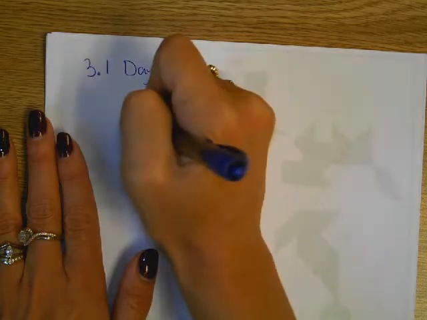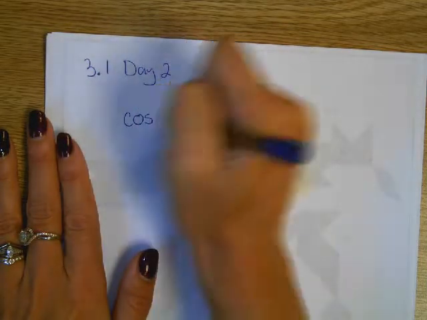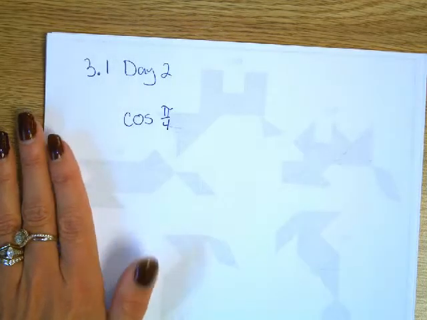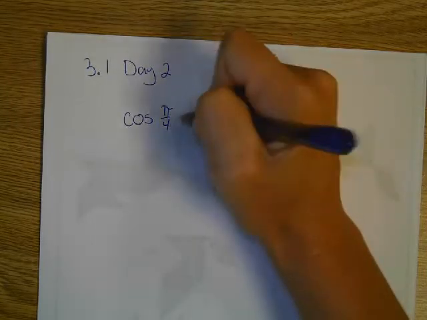last chapter. If I ask you for the cosine of a pi over 4 radian angle, can you tell me what that value is? Without me telling you what to do.